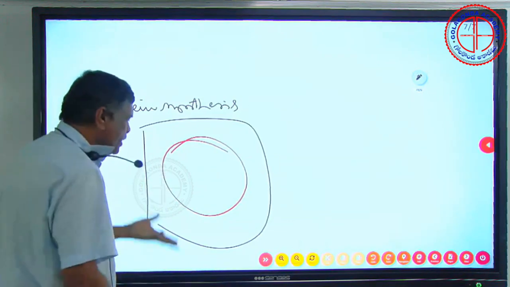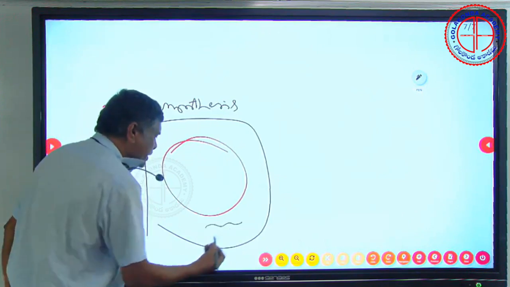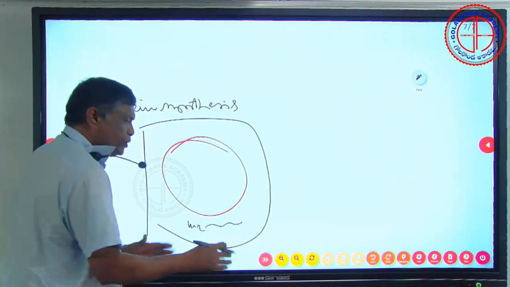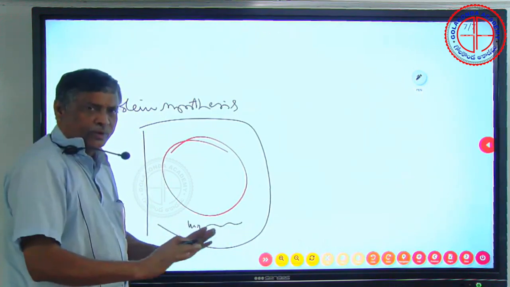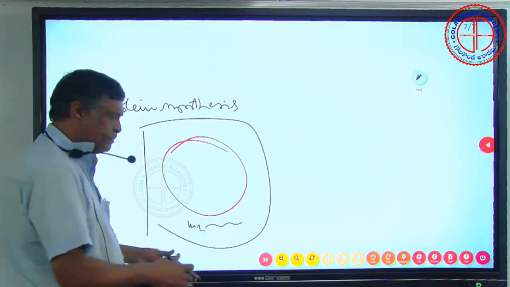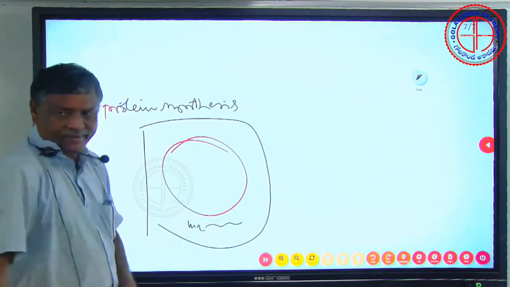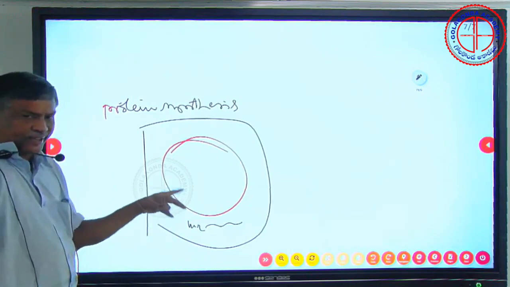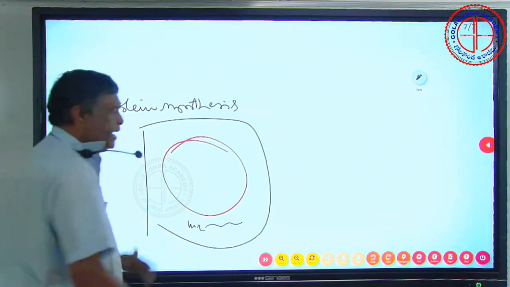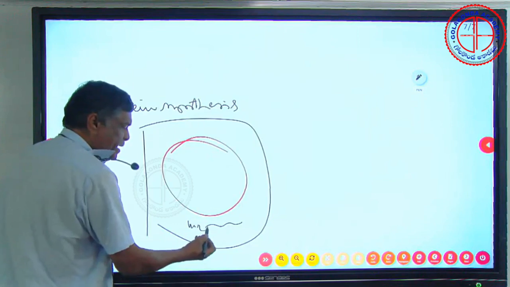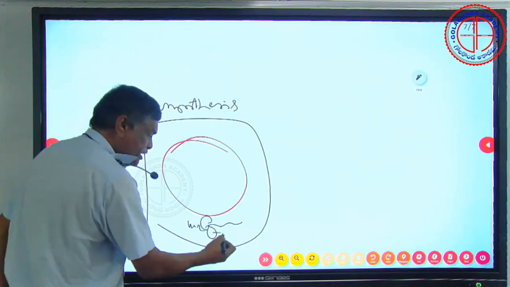Here, the cell synthesizes proteins on mRNA. Just listen, you won't feel confused. I am giving just one or two points we need, and that is what we are discussing here. In cytoplasm, the mRNA and ribosomes synthesize proteins.